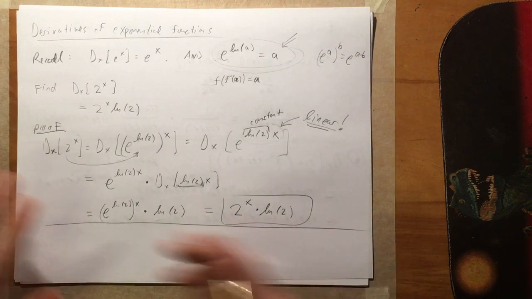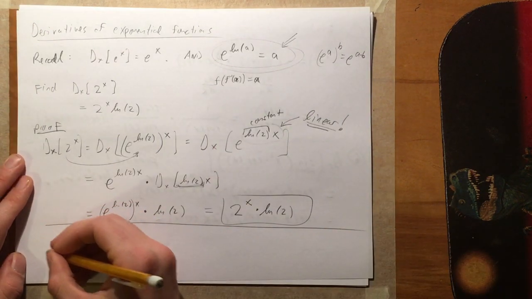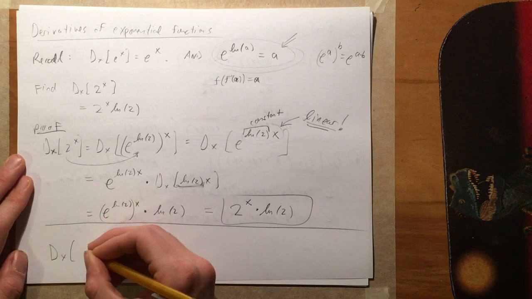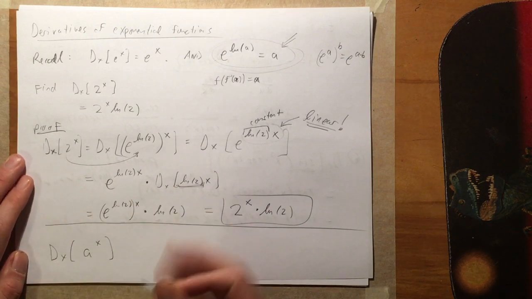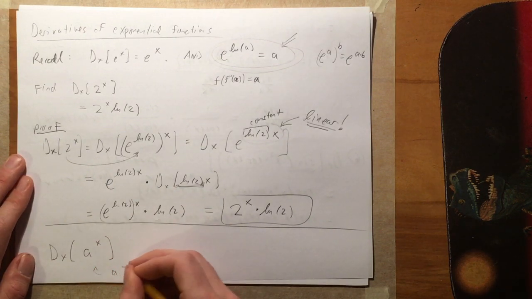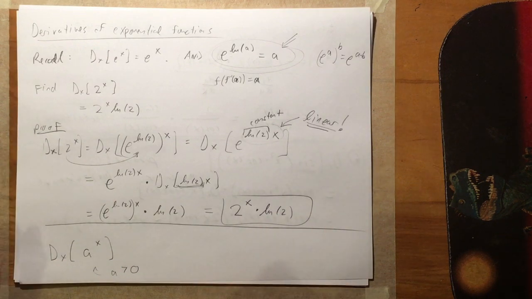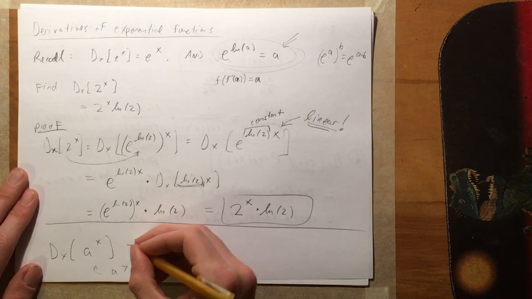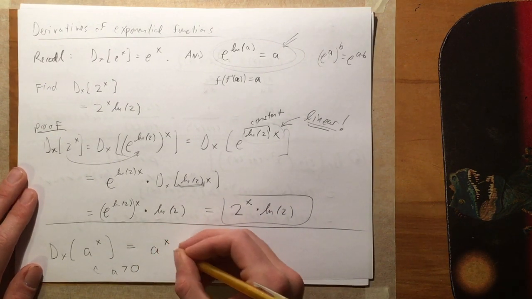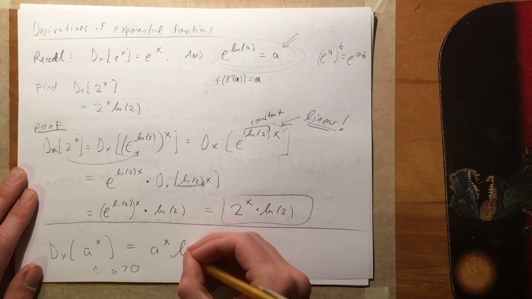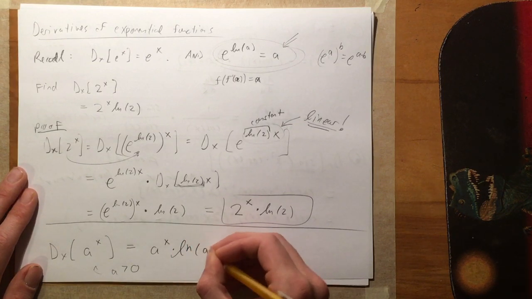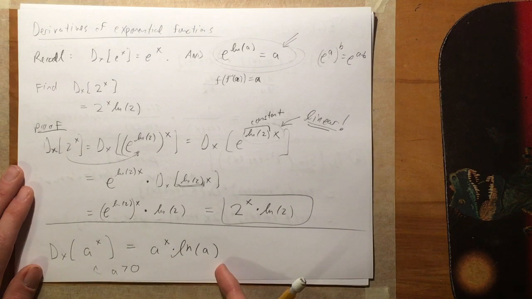So in general, this generalizes to a general rule where the derivative of a to the power x for some a greater than 0, any positive number a, is going to be itself, a to the x, and then times the natural log of a, just as a constant multiplier.